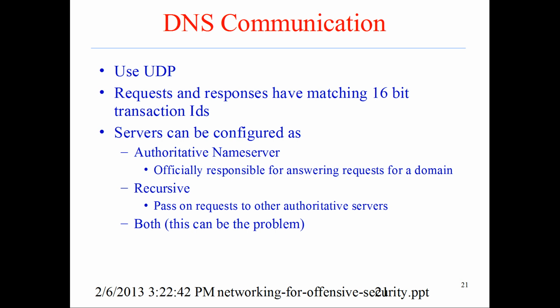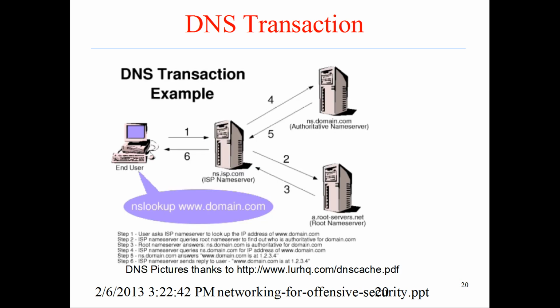Servers can be configured as an authoritative name server, which is the one officially responsible for answering requests for a domain, or a recursive one, which passes on requests to other authoritative servers. The root name server here replies with who is the authoritative name server for the given domain if it doesn't already store it itself, if it's not already an authoritative server for that given domain.